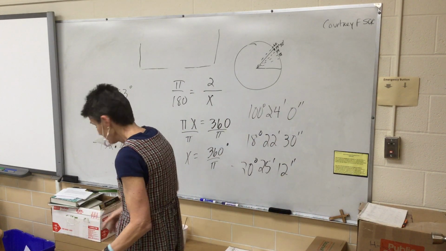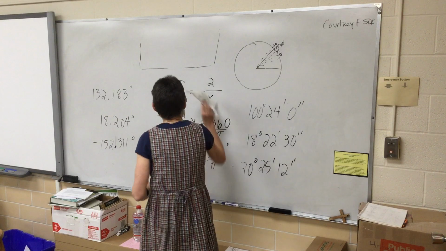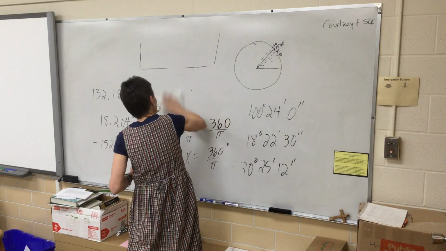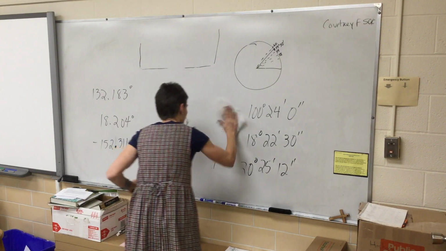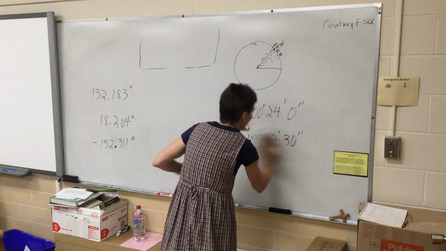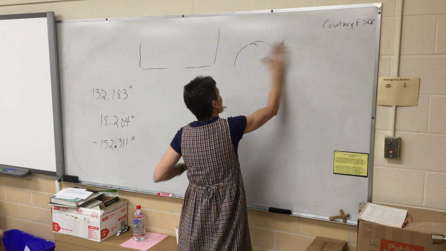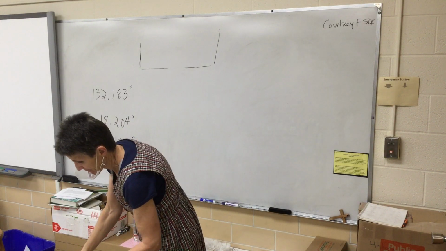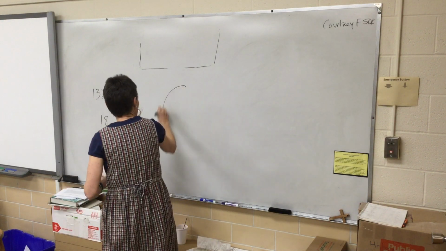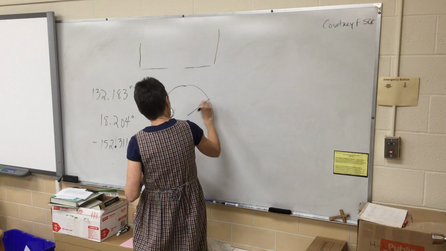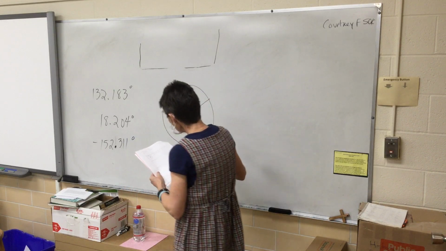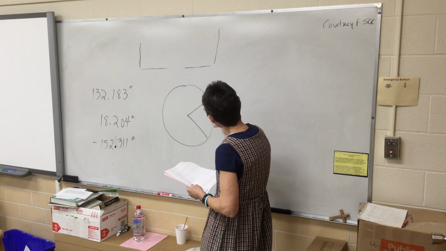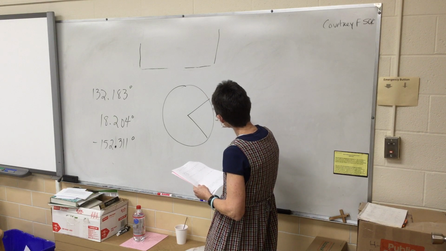All right. Now we've got a different situation. Now we have a circle. And sometimes my writing isn't very clear. This is an S, and it stands for arc length.